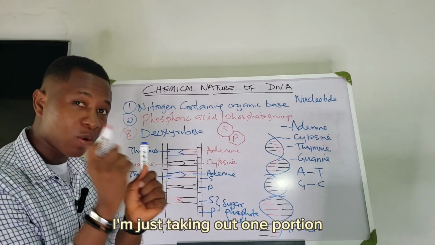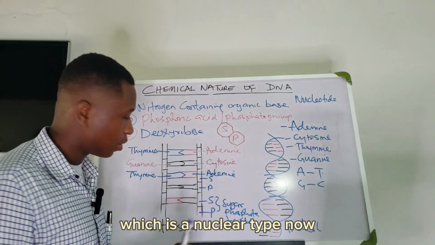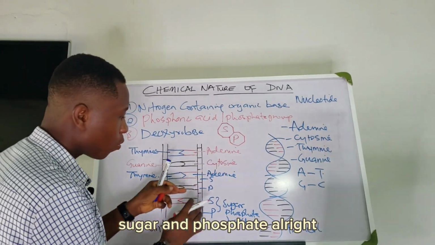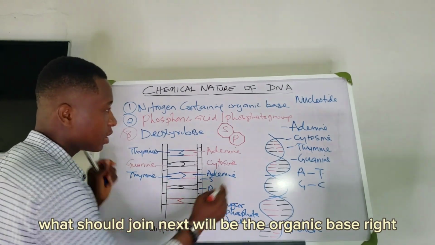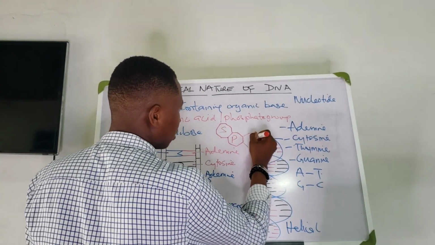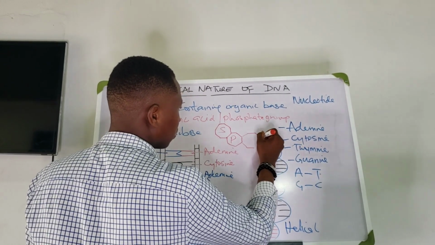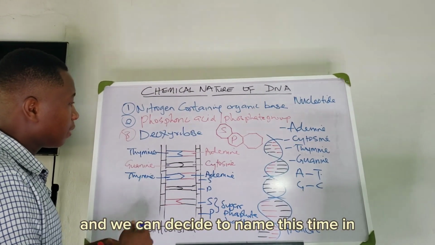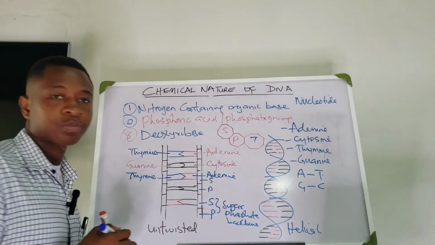I'm just taking out one portion, which is the nucleotide now. So you have the sugar and phosphate. All right, what should join next will be the organic base, right? Okay, so we'll have something like this. And we can decide to name this thymine.